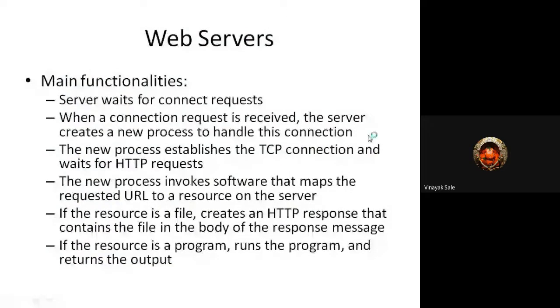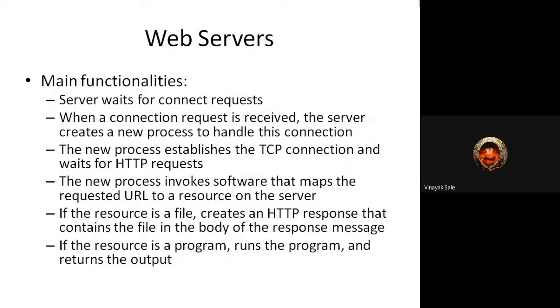So these are the main functionalities of a web server. The server waits for the connection request. When a connection request is received, the server creates a new process to handle this connection.